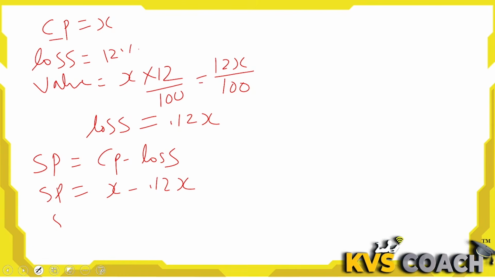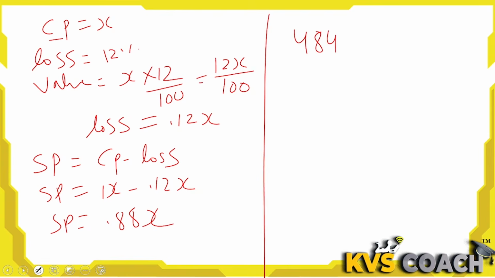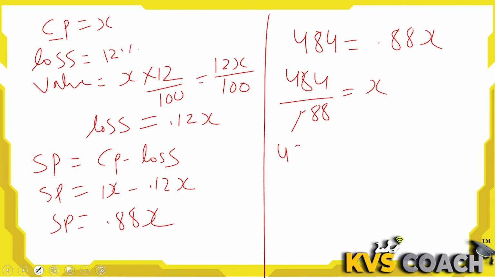Okay, that is SP is equal to 1x minus 0.12x, that is 0.88x. So SP it is given, that is selling price was 484 given in the question, that is 0.88x equal to 484. Now 484 divided by 0.88 is equal to x. I'm removing dot here. 484 divided by 88 x here.